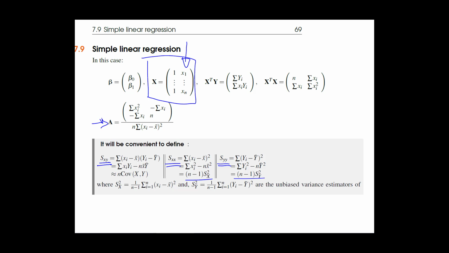That's for Sxx, Syy, and Sxy is related to the covariance. Those are all values you can compute with the data. And the second lines here are the shortcut formulas, which are really useful.